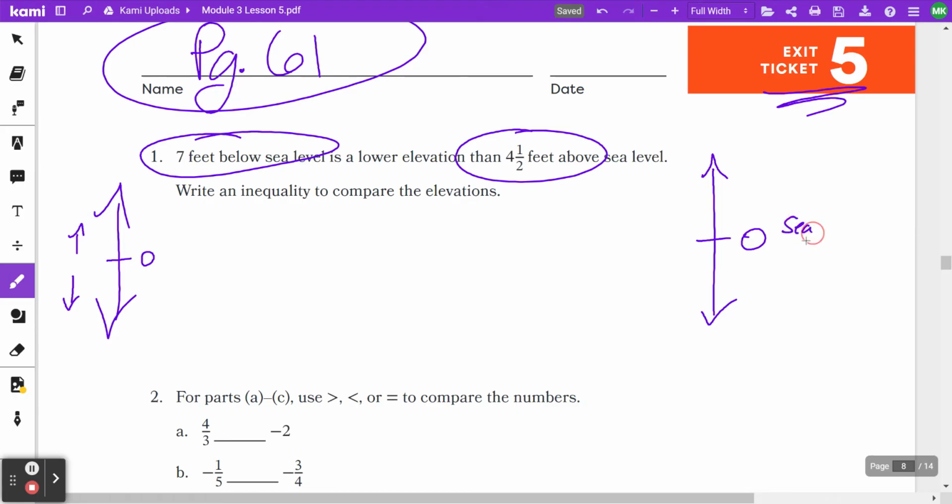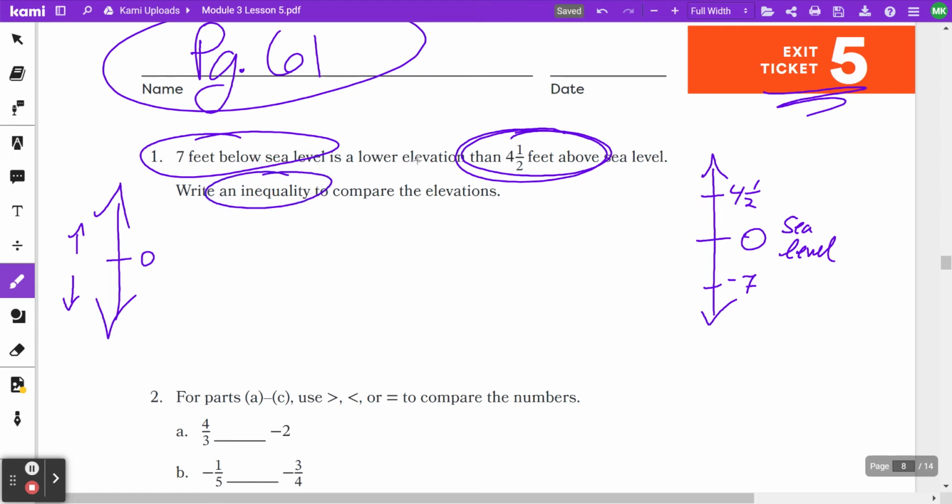A little sea level, there we go. Okay, 7 feet, that's below sea level, ooh, they tricked me a little bit, so that would be a -7. And the 4.5 feet is above sea level, so that would be clearly above 0.